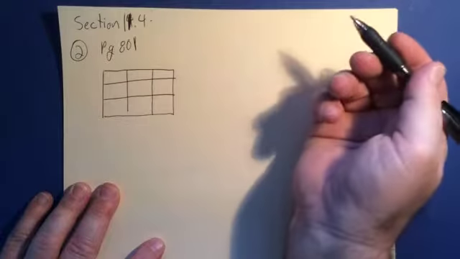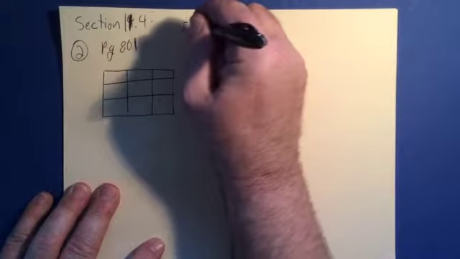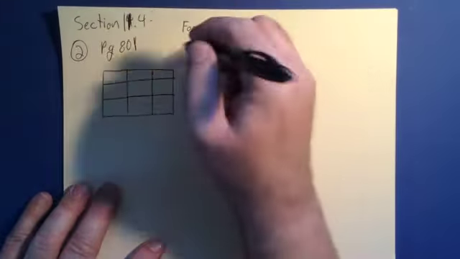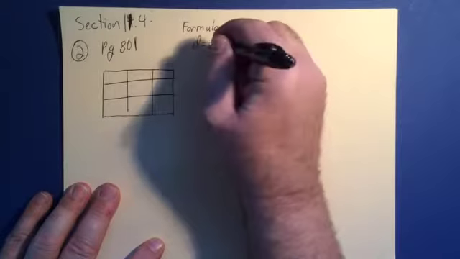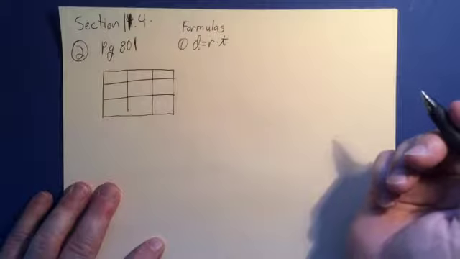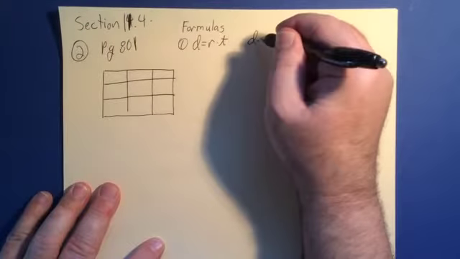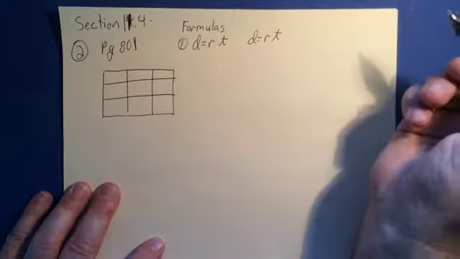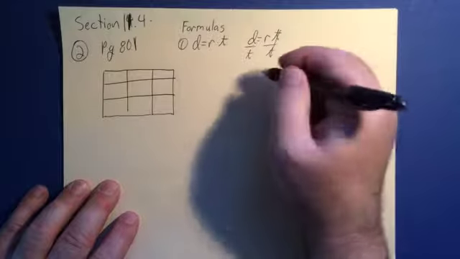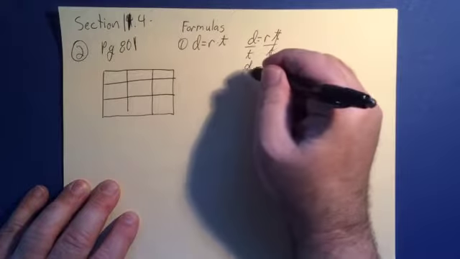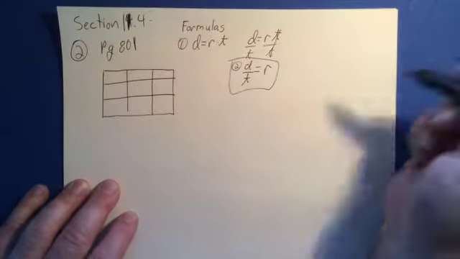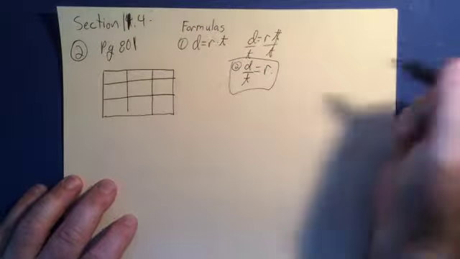Remember that we have the formulas for this, where distance is equal to rate times time, d = rt. If I divide both sides by t, this allows me to reduce t, and that gives me r is equal to d over t. So this is the second formula.